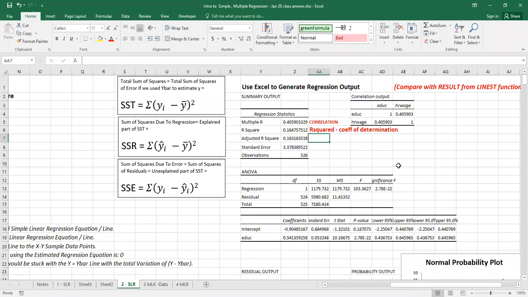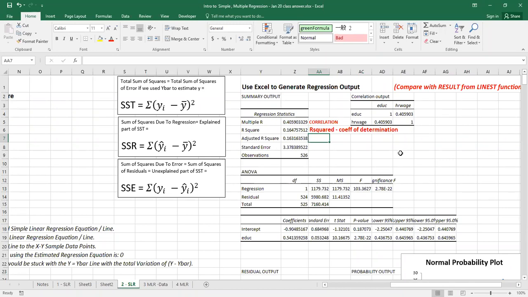This is useful, guys, for multiple regression. Adjusted R squared is used to penalize us if we put in many independent variables, because we could just keep adding independent variables that have no explanatory power. So that's why in multiple regression we use adjusted R squared, not R squared.